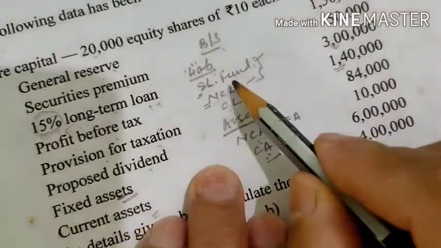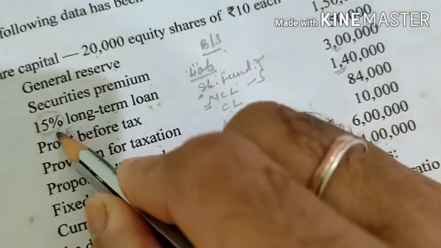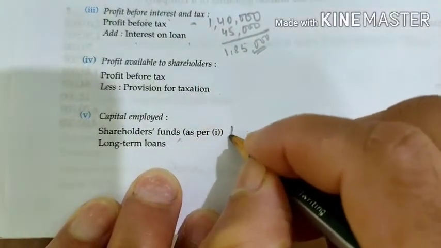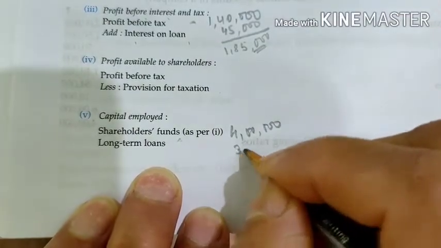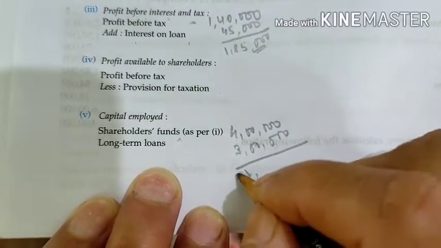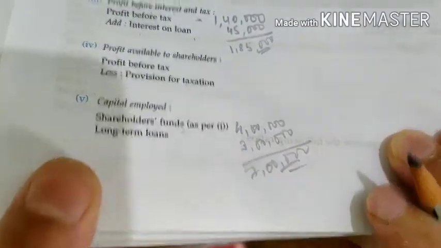So here shareholders fund we have already calculated, and non-current liabilities is 15% long-term loans. So your capital employed is, shareholders fund as calculated above is 4 lakhs and long-term loan is 3 lakhs. So the total value is 7 lakhs.